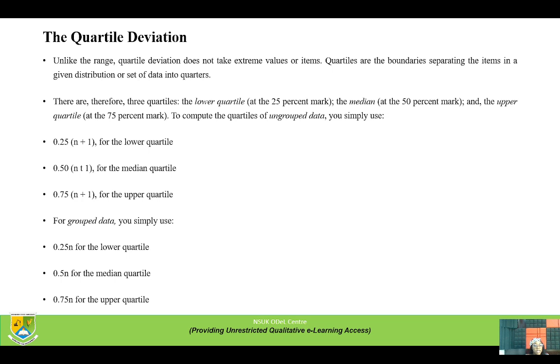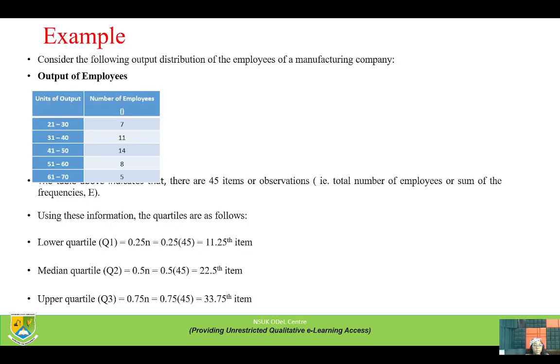For grouped data, you use 0.25n for the lower quartile, 0.5n for the median quartile, and 0.75n for the upper quartile.